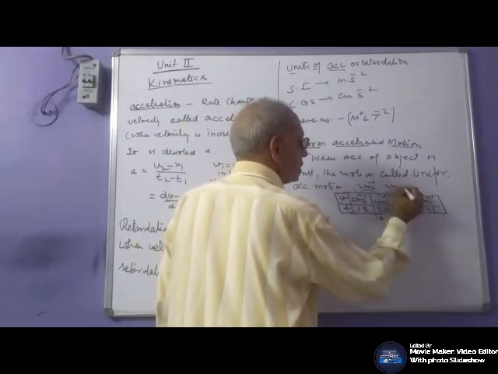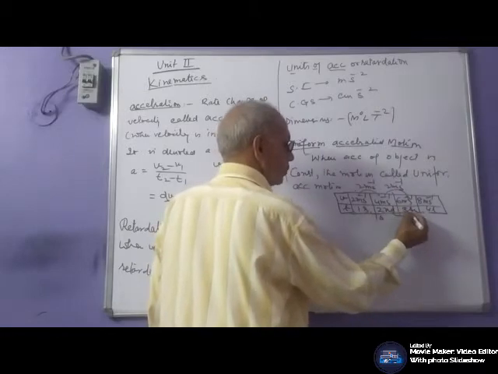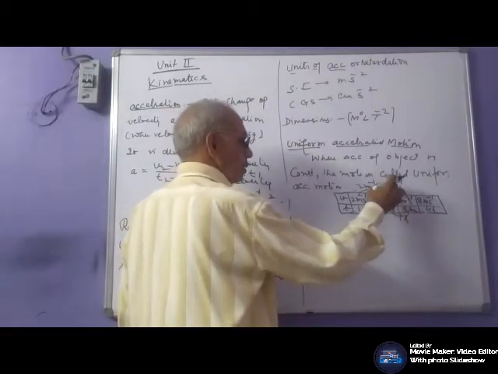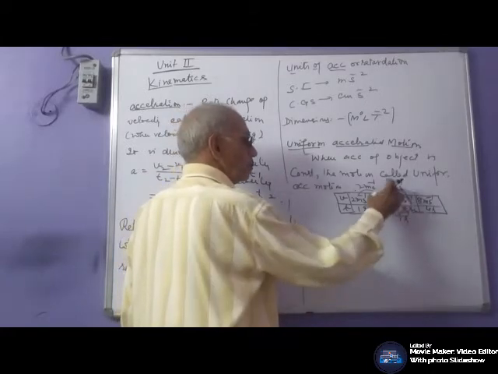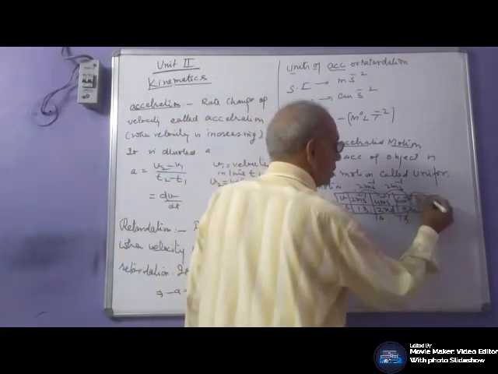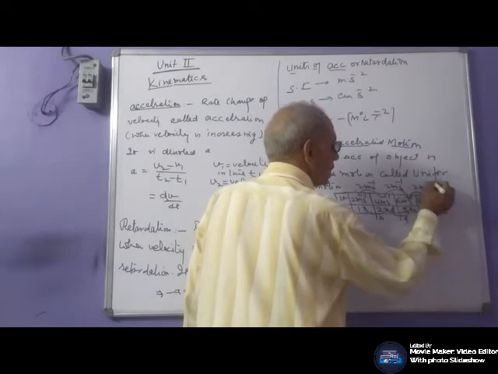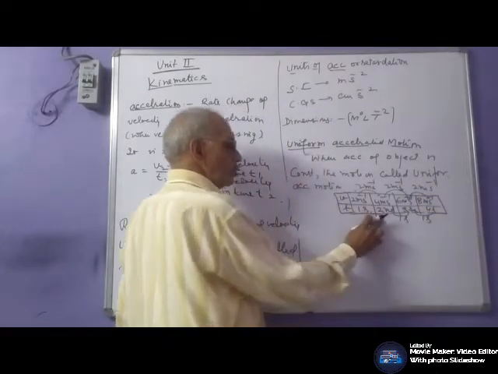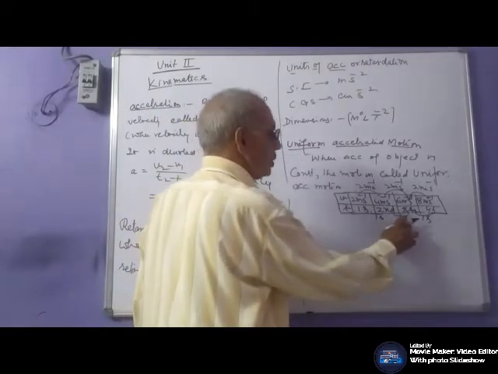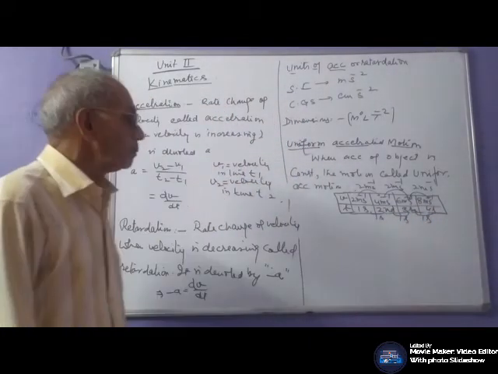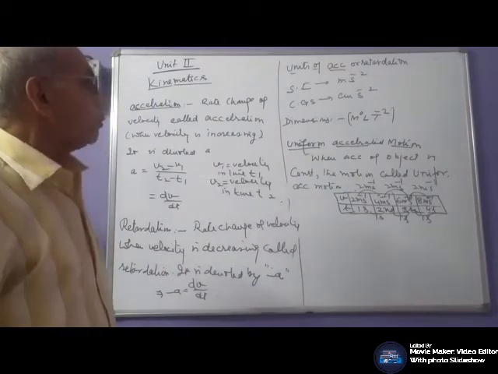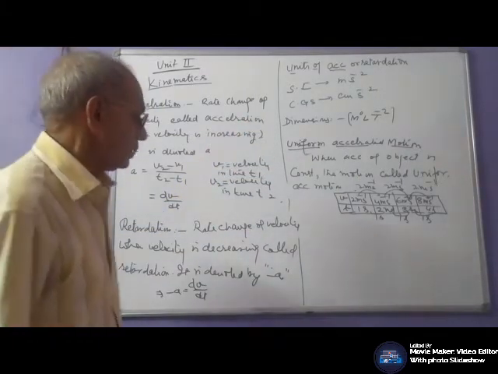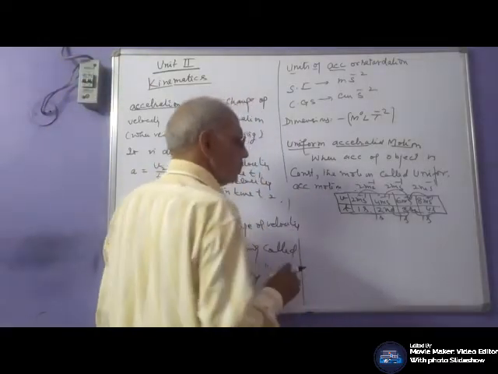Acceleration is V by T, 2 meter per second in 1 second. So this is uniform acceleration, and the motion is uniform accelerated motion. So this is the main definition.